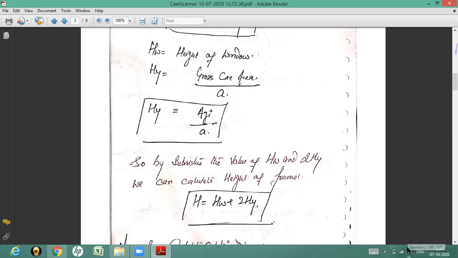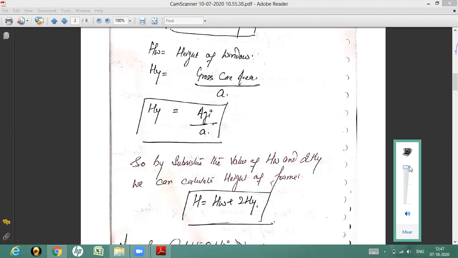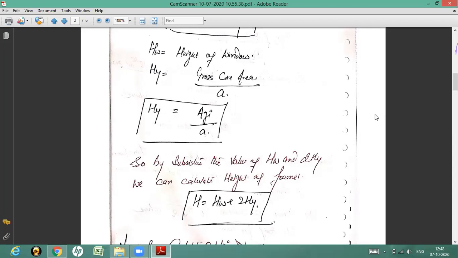Yeah, absolutely. If it is a single phase transformer, then the same formula will be used. If it is a three-phase transformer, then again the same formula can be used. The only difference is what type of core you use, either a two-step core or a three-step core.